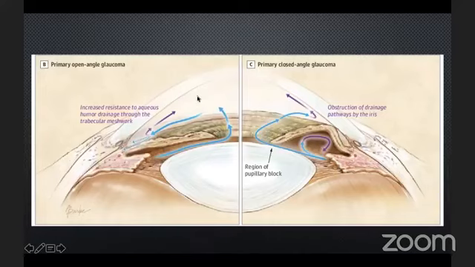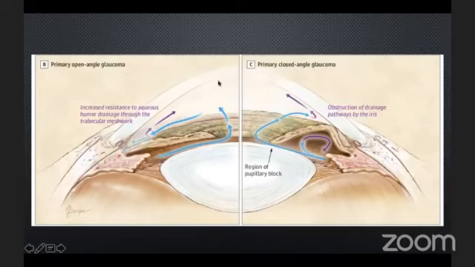Now coming on to the angle closure mechanism. Here, the angle of the anterior chamber, which you can see here, is narrow, which means the drainage pathway has become narrow. And so after the aqueous enters the anterior chamber, it fails to reach the trabecular meshwork and starts collecting in the anterior chamber of the eye.